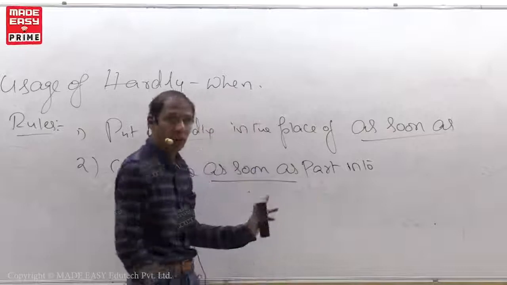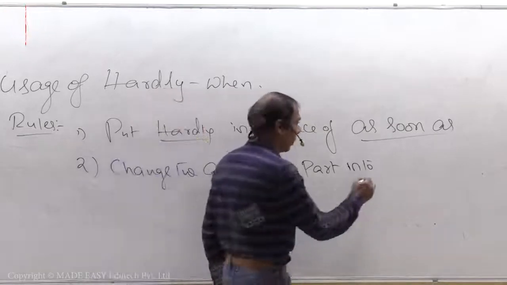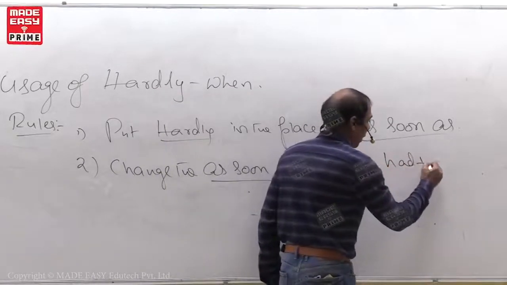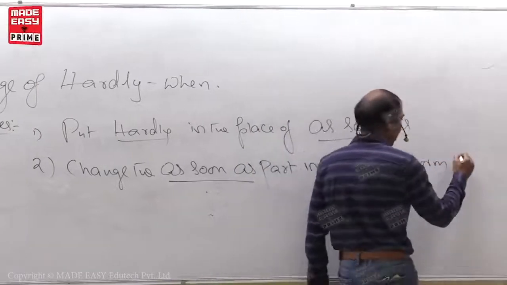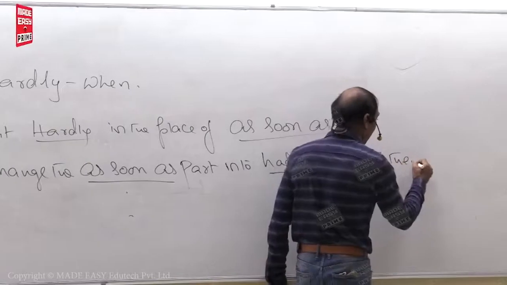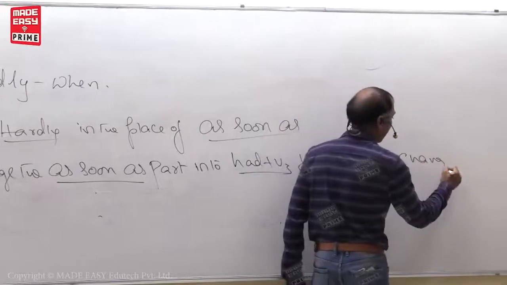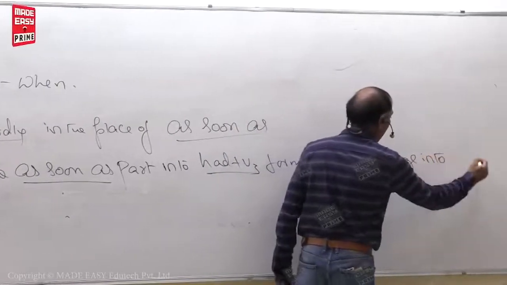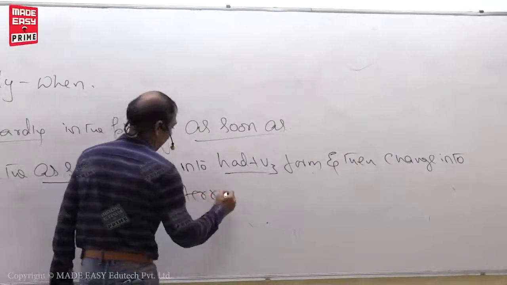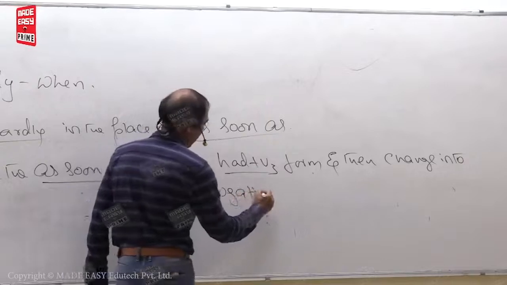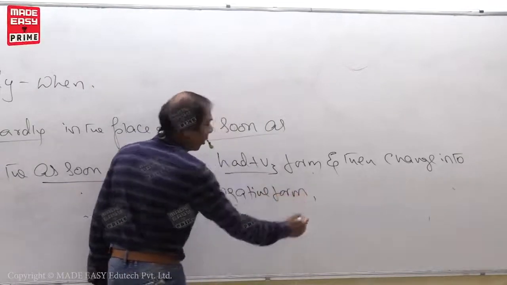Change the as soon as part. Underline this. Okay? Change the as soon as part into had plus V3 form. This also you have to underline. V3 form. And then change into interrogative form.